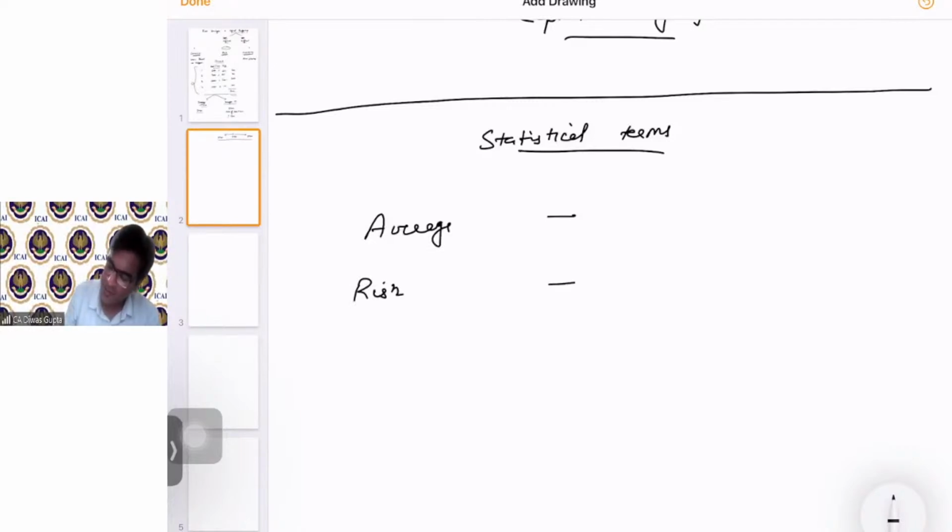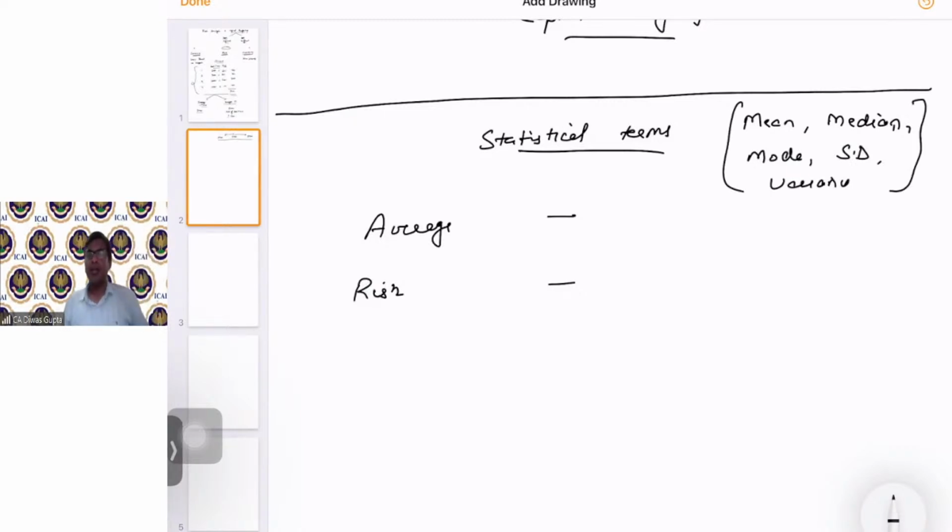I'm giving you some options: mean, median, mode, standard deviation, variance. Tell me what fits average and what fits risk, just by your preliminary thoughts.